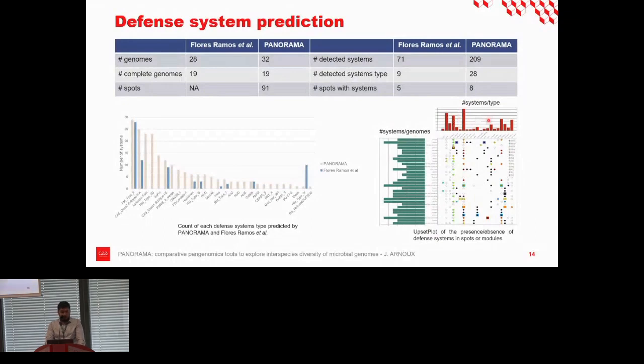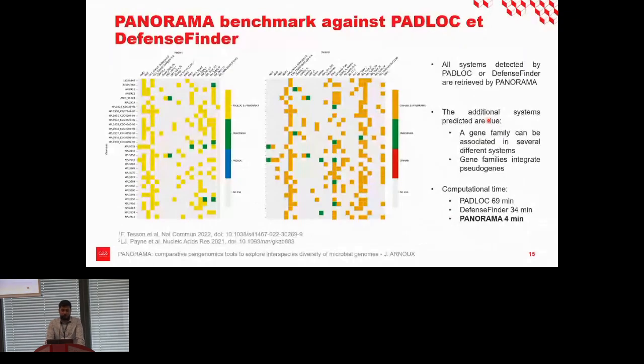Now we wanted to do a benchmark of our method against two tools that do the same job but at the genome level, PADLOC and DefenseFinder. When we compare our results to PADLOC and DefenseFinder, we retrieve the same systems as them, but we also have some additional systems predicted.